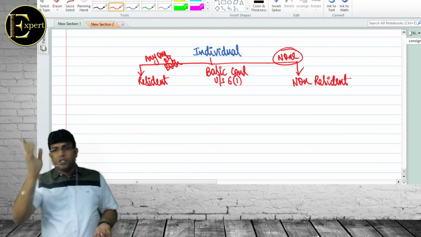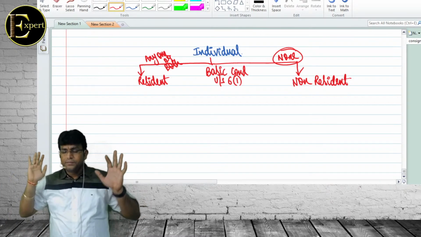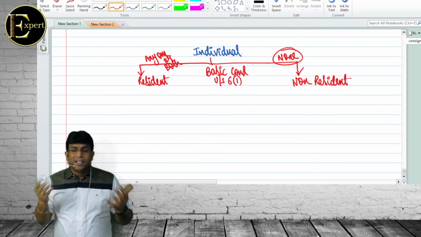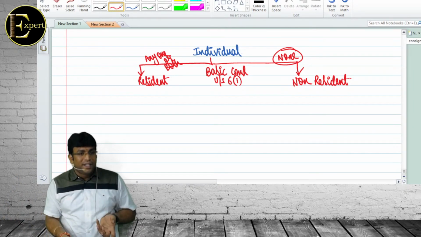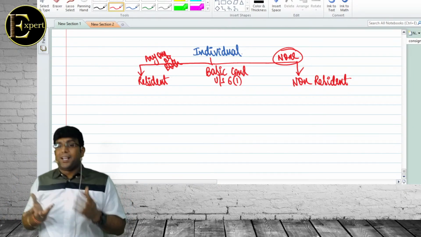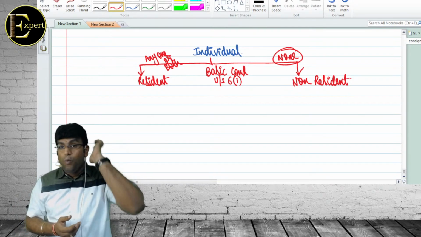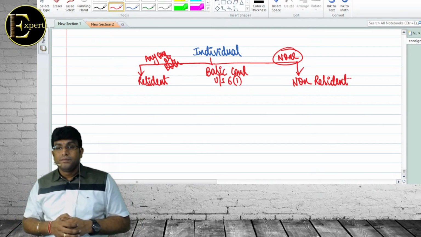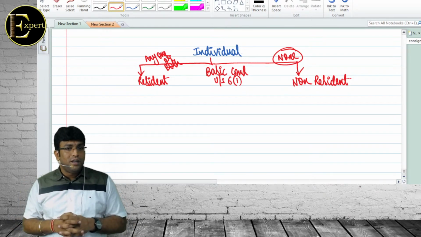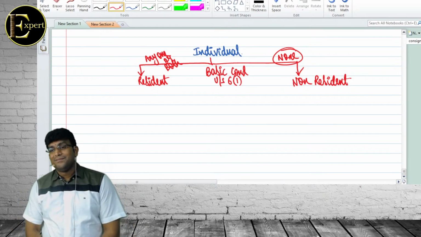Come on. Individual. What are the two categories? Resident, non-resident. We'll decide based on condition. What condition? Basic conditions. ये बोलो यार, condition मत बोलो. Basic condition. Given under section 6(1). And we have got two conditions, my dear friends. Anyone satisfied? Resident. Both satisfied? Resident. अरे क्या बेटा, क्या हो मैडम?